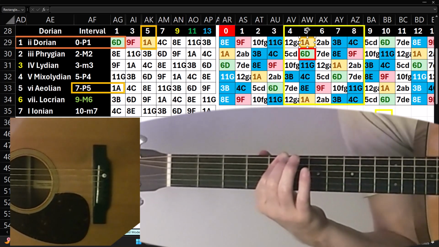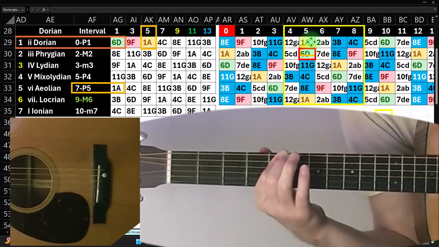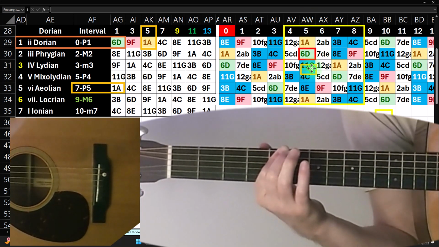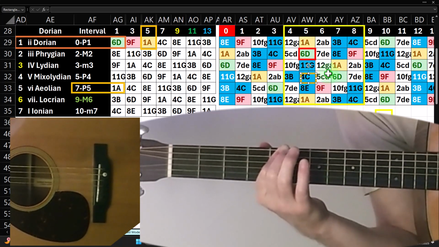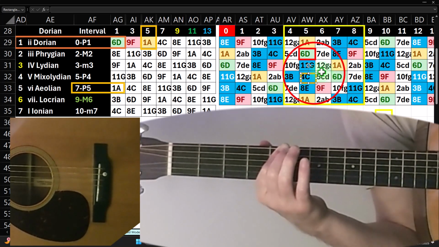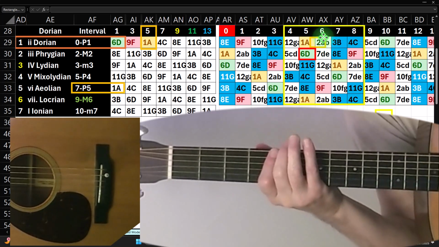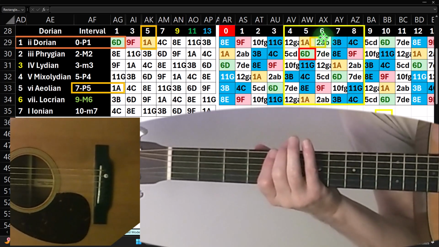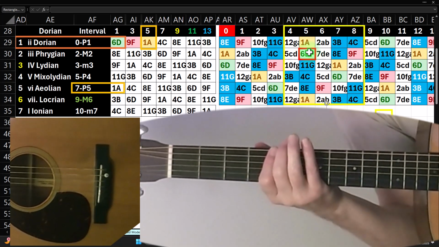I want to reiterate how useful that is, because normally we can only count going from the low string down, which limits our flexibility to see from the perspective of the root being on a string lower towards the floor than one up towards the ceiling. So it's useful to be able to see the inverses.